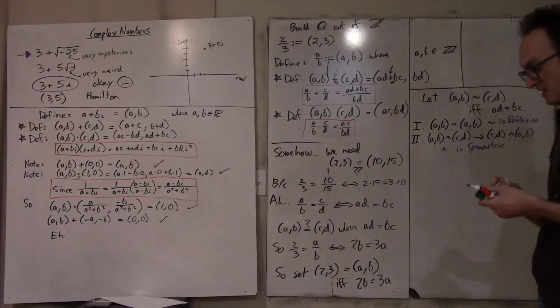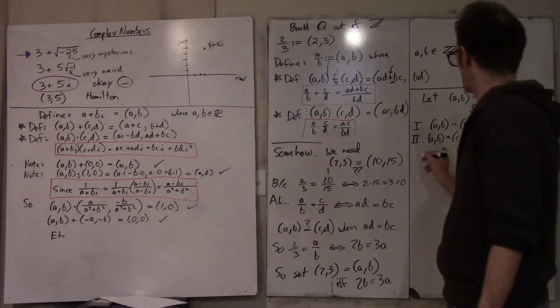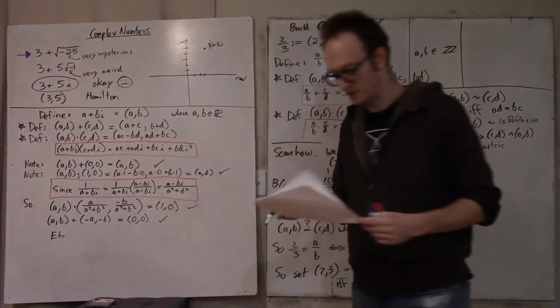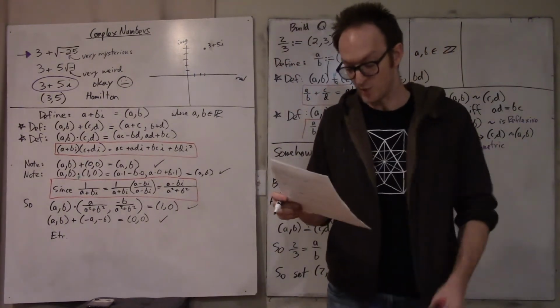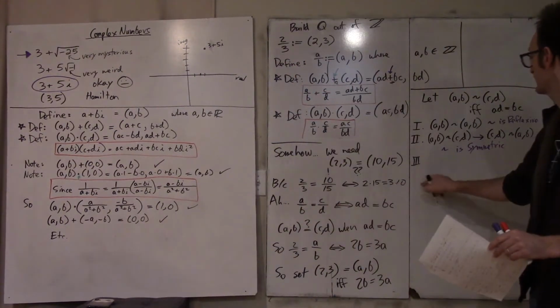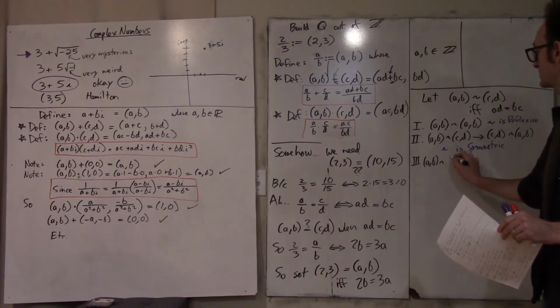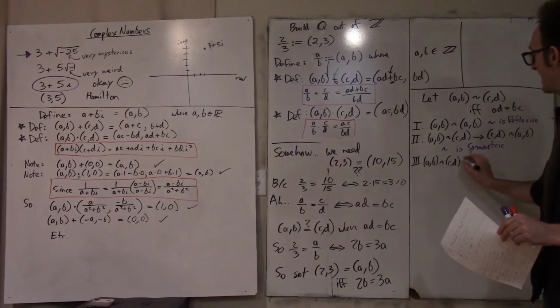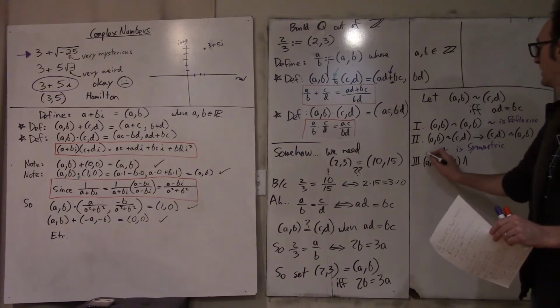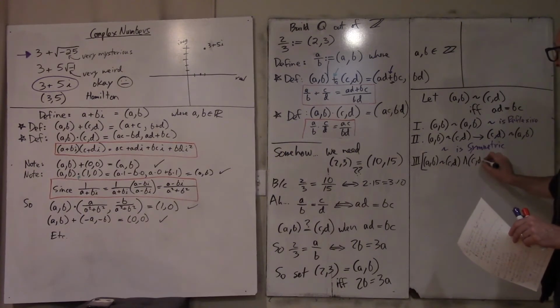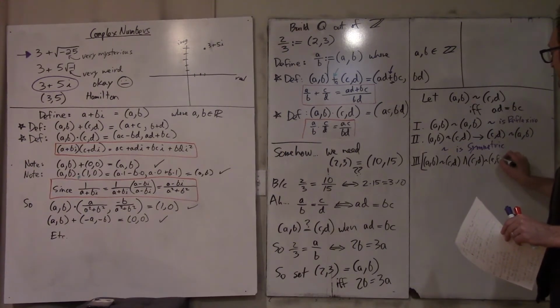And finally, this is some kind of advanced math here, which this might be your first time ever seeing, but if you took other classes where this kind of thing has been done, then maybe you know about this already. The third one, which I'm going to squeeze in here, is that if AB is related to CD, and CD is related to EF, then AB is related to EF.